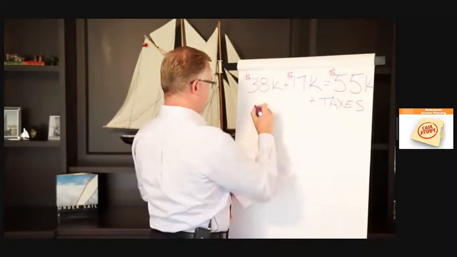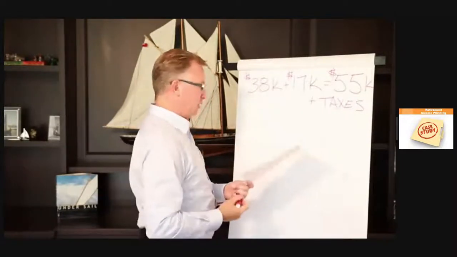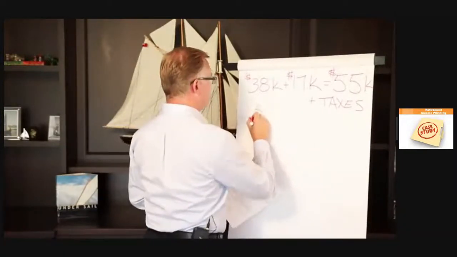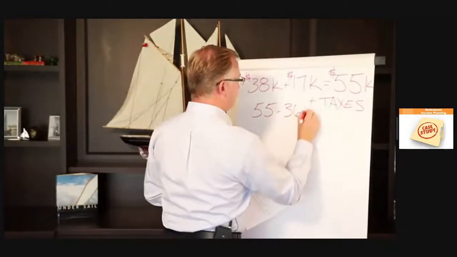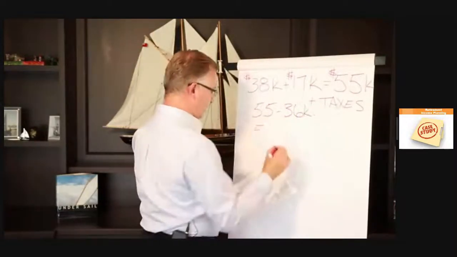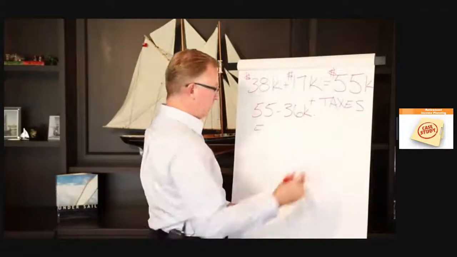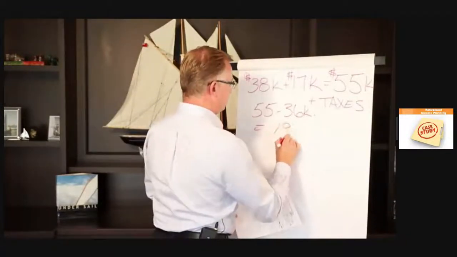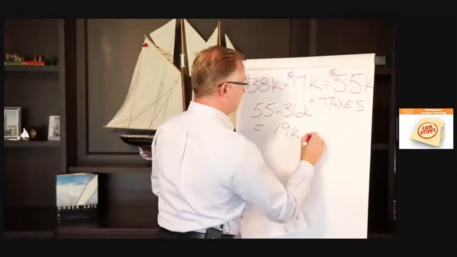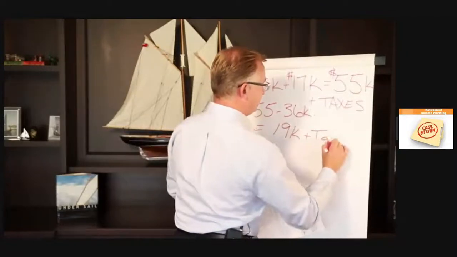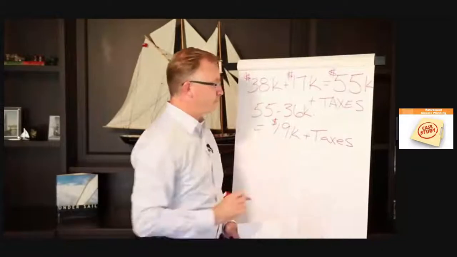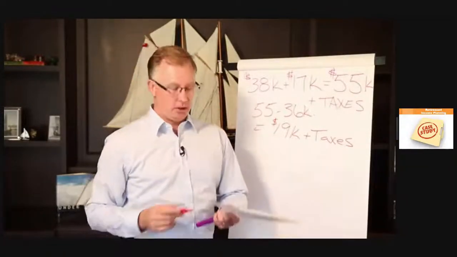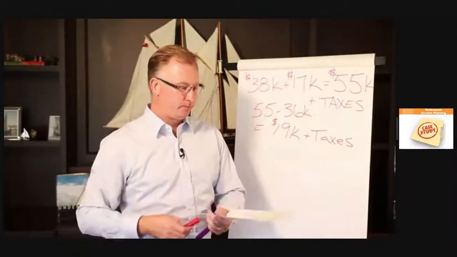So we take a different color here. We take 55, that's what she needs. We subtract off the $36,000 from the pension, and that's going to give her $19,000, plus the taxes, that she's short each and every year. Are you following? Hope so.